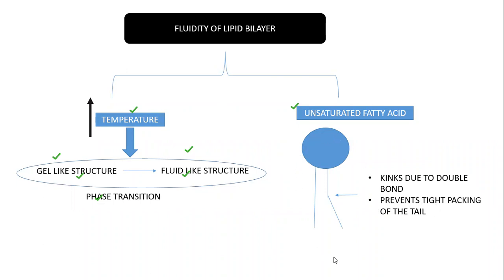The phospholipid bilayer is not tightly packed due to the presence of this kink or bend-like structure, which prevents it from being rigid. Thus, unsaturated fatty acid makes the lipid bilayer fluid. So these are the two important aspects through which we can determine that the lipid bilayer is a fluid-like structure.